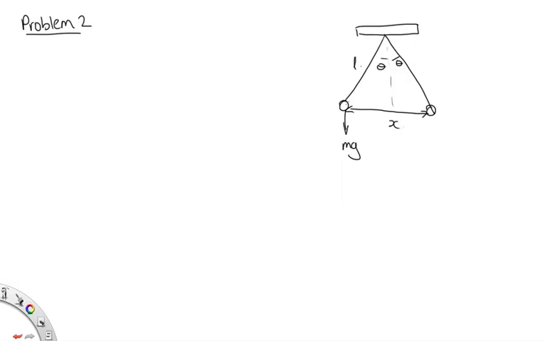So all the forces involved, we've got the weight force acting down, we've got the tension forces acting upwards, and then we've also got the electrostatic repulsion. Because they've both got charge plus q, they will repel each other, and so we'll have a force in this direction. Fq is equal to 1 over 4 pi epsilon naught q squared over the separation, which is x squared.